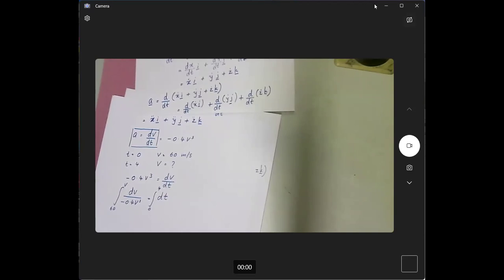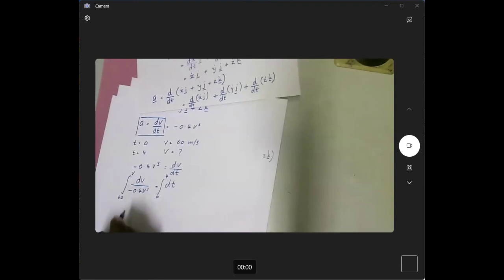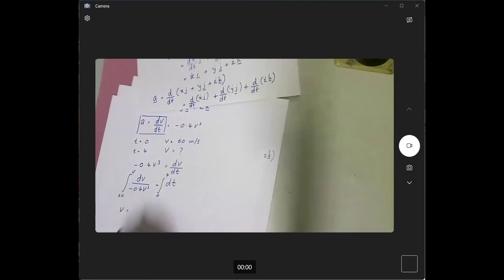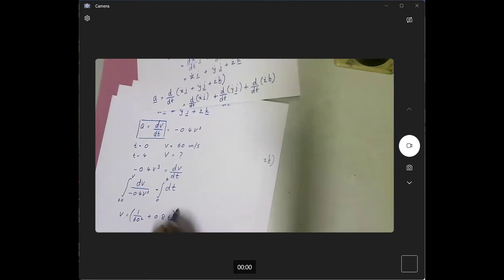So, what is the integration of this sort? That part you know how to do, right? So, I'll write down the answer. v should be 1 over 60 squared plus 0.8 t, to the power minus half.